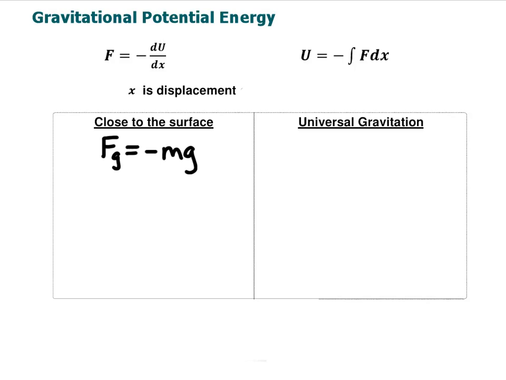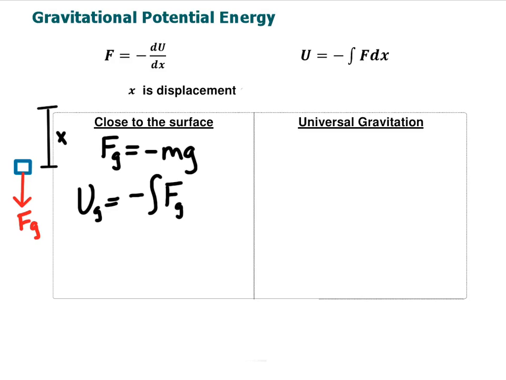So if something is experiencing gravitational force of Fg, and then we try to displace it by a distance x, what will its potential energy become?